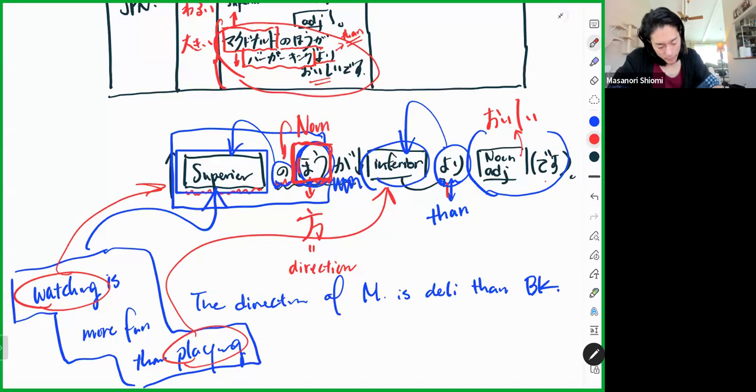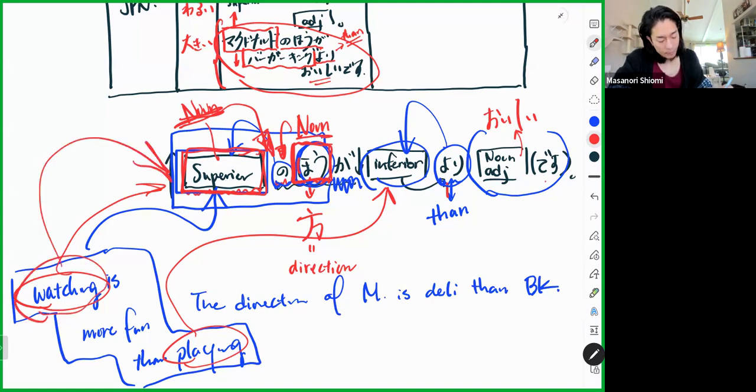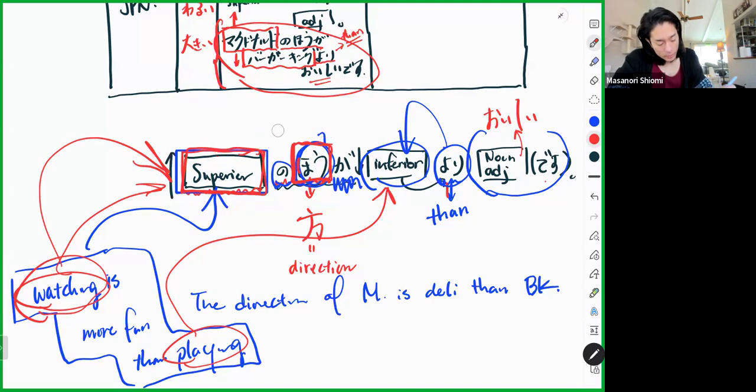We only put the particle no because whatever we are comparing with here was a noun. Earlier it was McDonald's. Because McDonald's is a noun and then hou is a noun, we put no here. But now that we want to put a verb here, naturally, we wouldn't need no, right? Because it's not a noun.